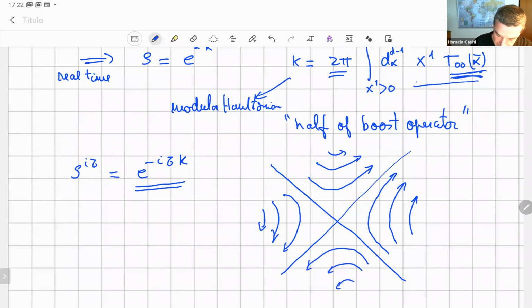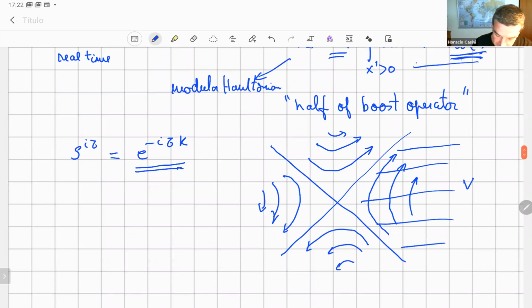And here, this operator will make the transformation on the algebra, the original algebra, the algebra of region B, which was the Rindler wedge, but it can be extended if I put here the full boost operator. It can be extended to all Minkowski space.